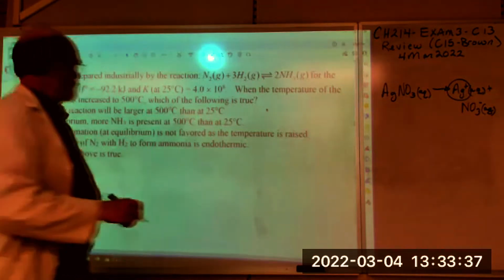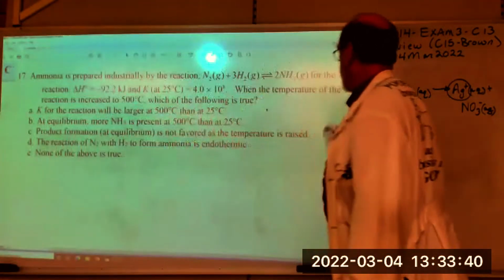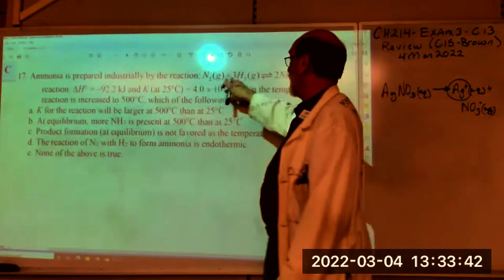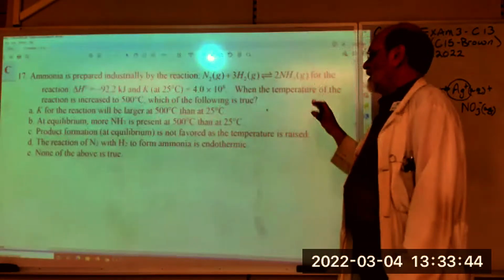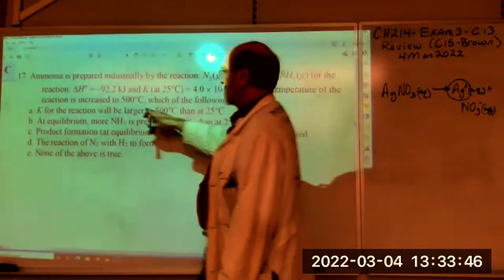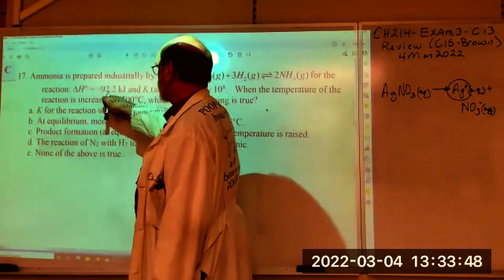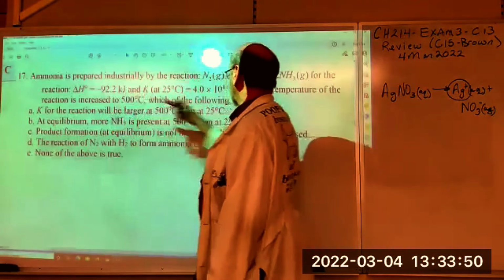Okay. Ammonia is prepared industrially by the Haber process here, and that's balanced, I can tell. For the reaction, delta H is minus 92.2, makes it exothermic.